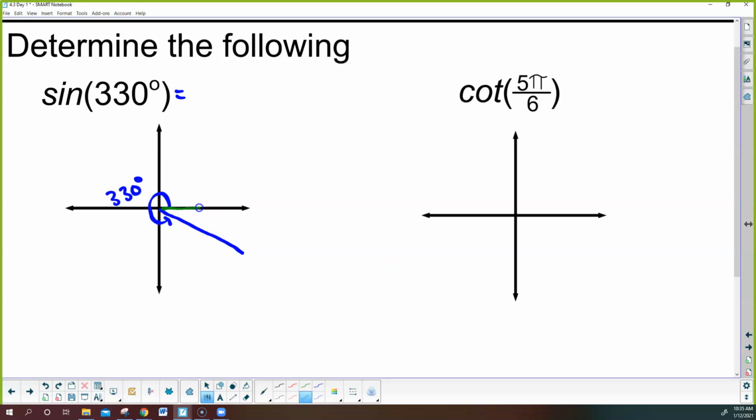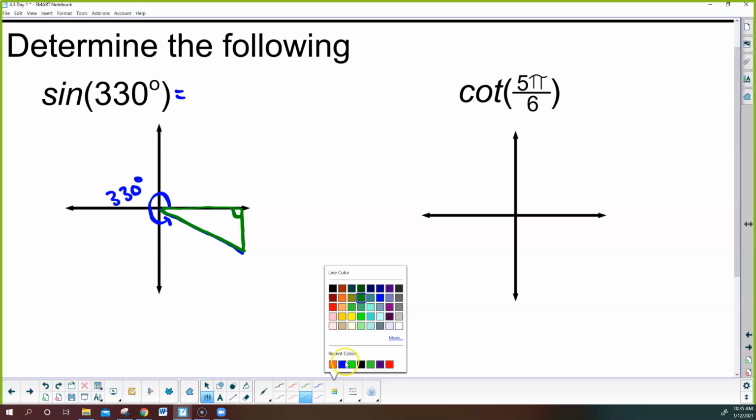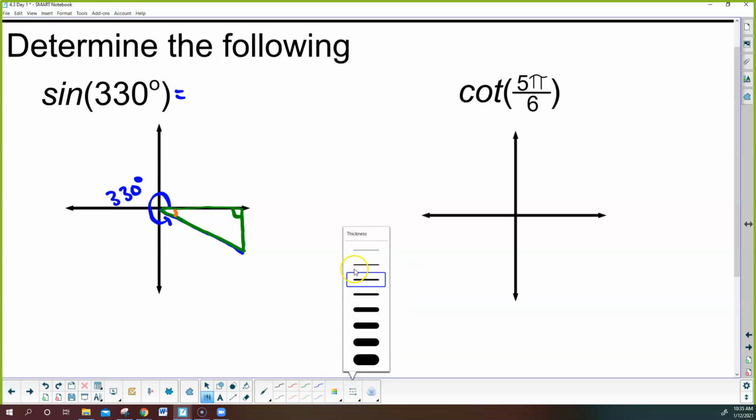Okay. Now what we're doing though is we're forming our reference triangle. And what you need to know is this angle that's left over. This is your angle of reference, this little 30 degrees. How did I know that this was 30 degrees?